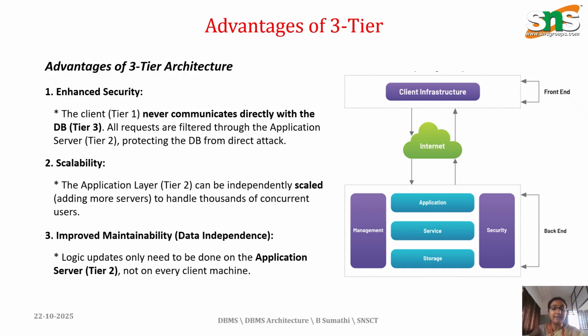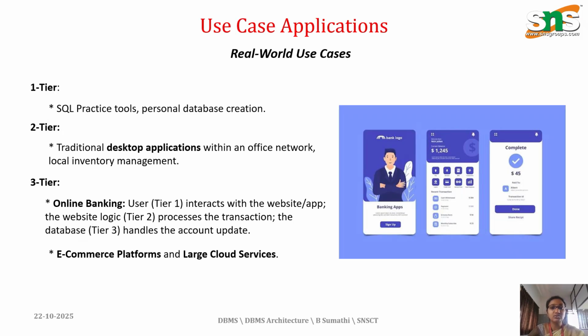Scalability: the application layer, that is tier two, can be independently scaled, adding more servers to handle thousands of concurrent users. Next is improved maintainability, that is data independence. The logic update only needs to be done on the application server, that is tier two, not on every client machine.